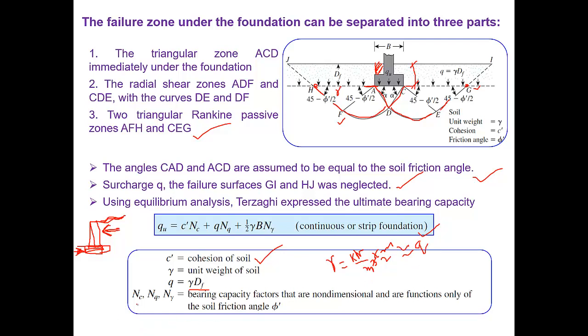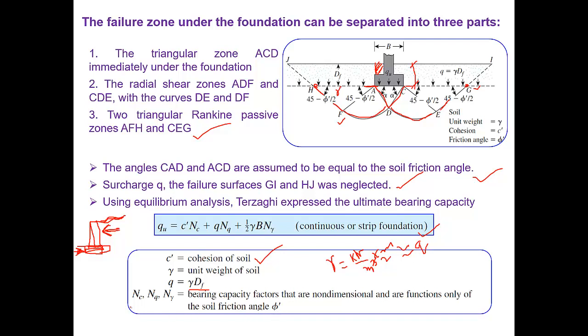And then N c, N q and N gamma. One term is left: half into gamma into B into N gamma, which is actually the area of the soil covering. These N c, N q and N gamma are the bearing capacity factors that are non-dimensional and are functions only of the soil friction angle.